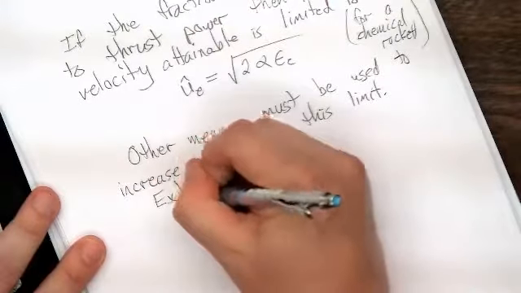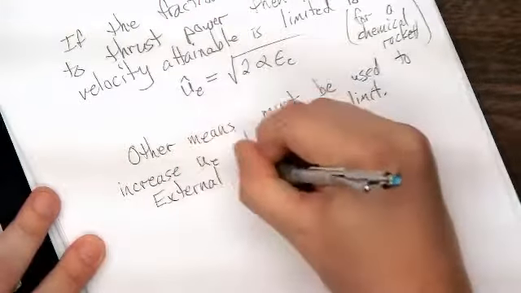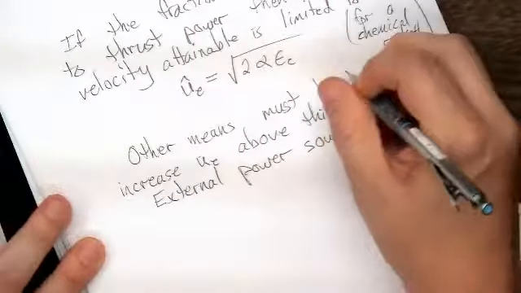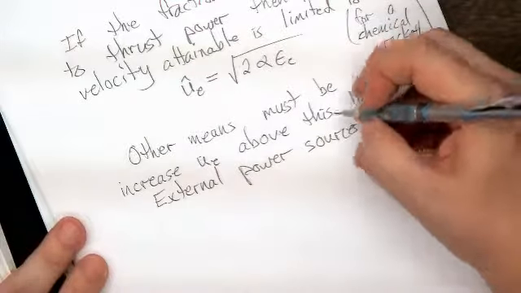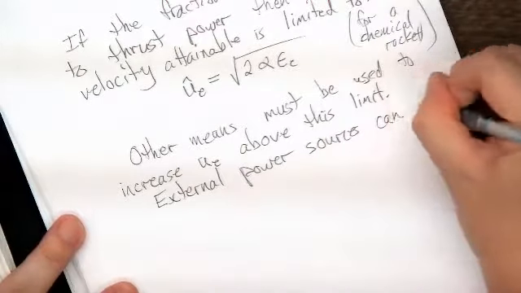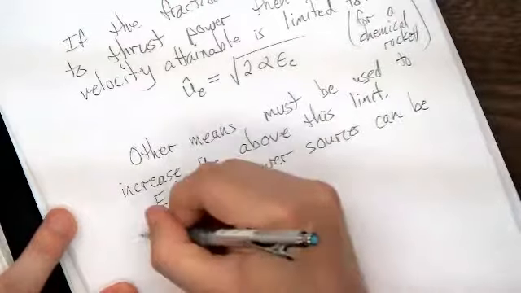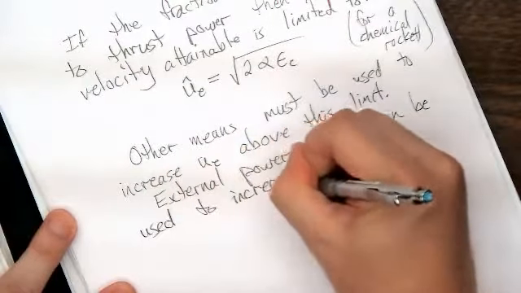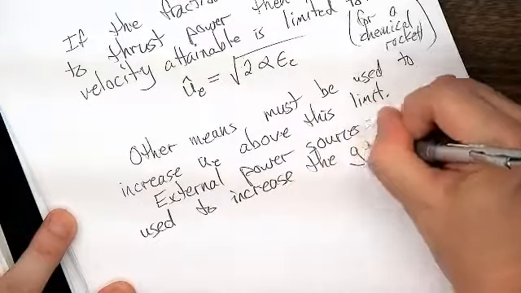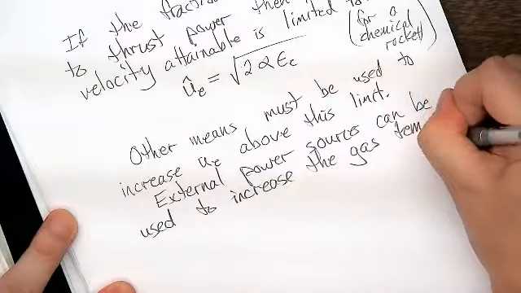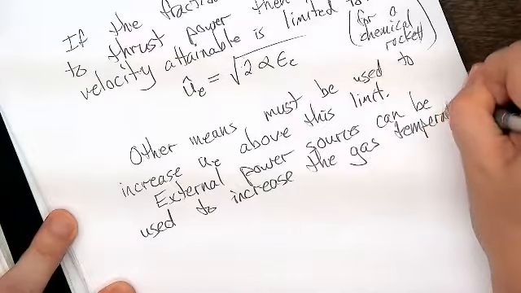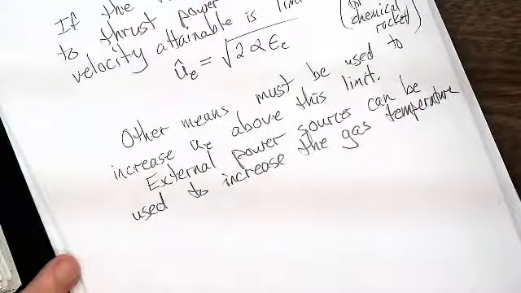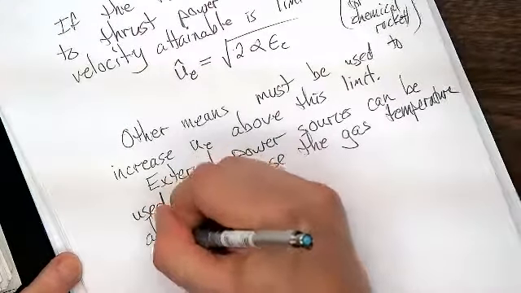External power sources can be used to increase the gas temperature above that possible with chemical energy release.